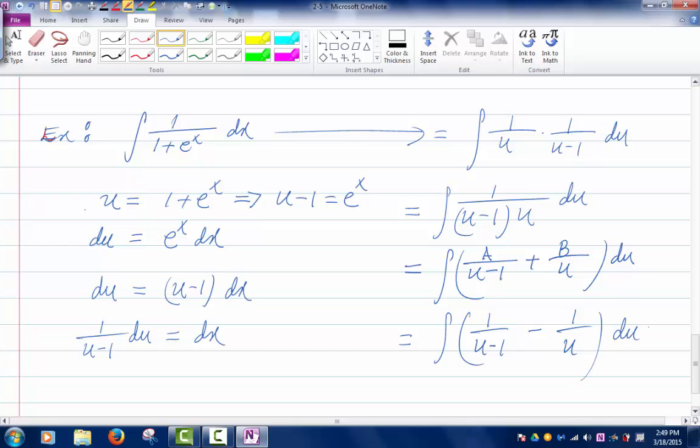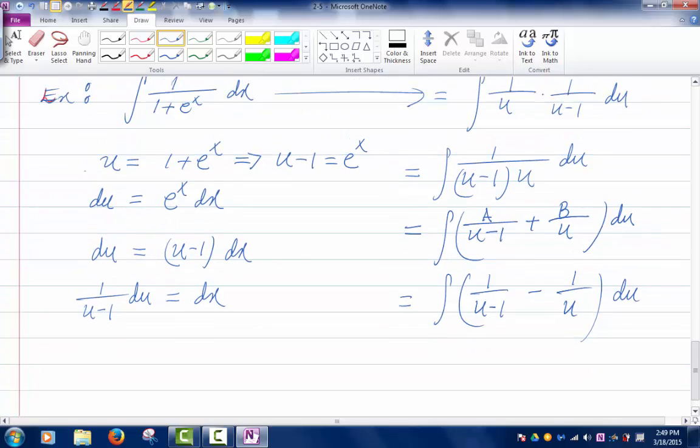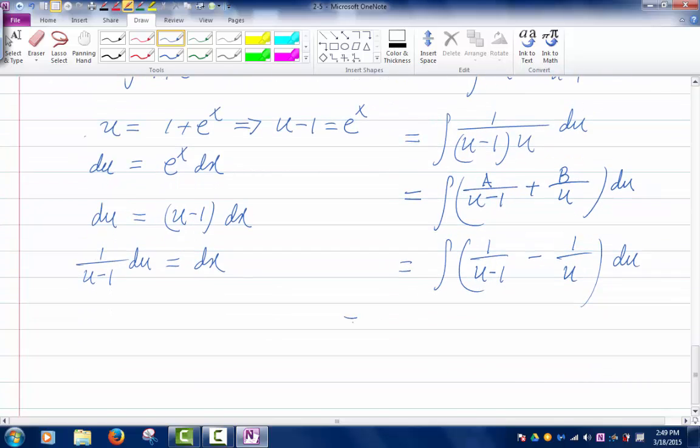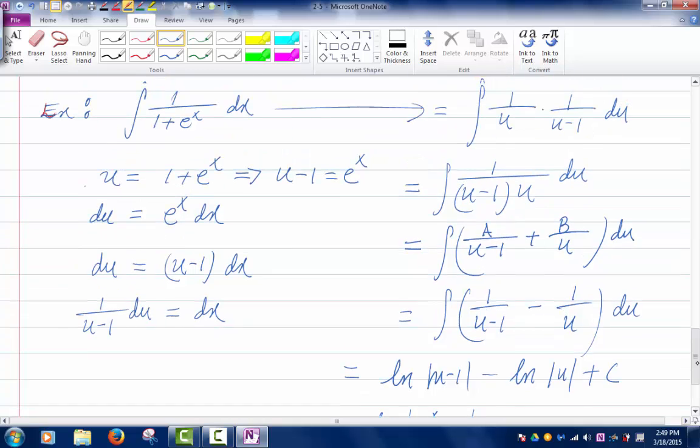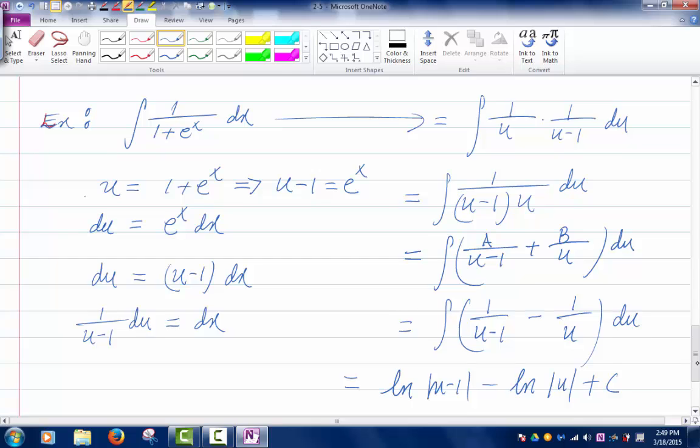Okay? And so, after using the decomposition, you end up with ln of u minus 1 minus ln of u, and then I have to go back to x. U is e to the x plus 1? Sorry, e to the x plus 1.